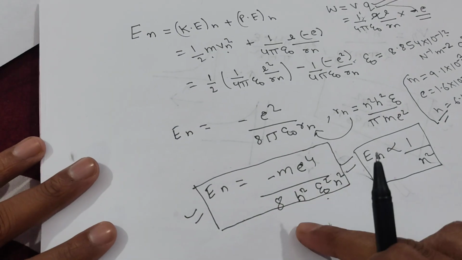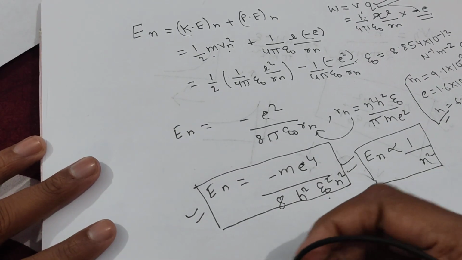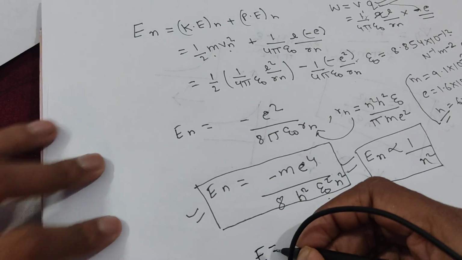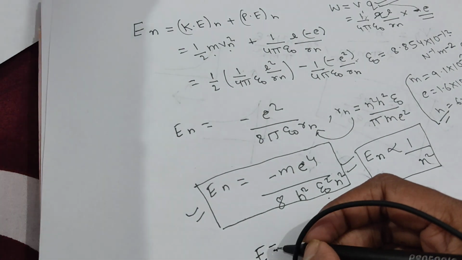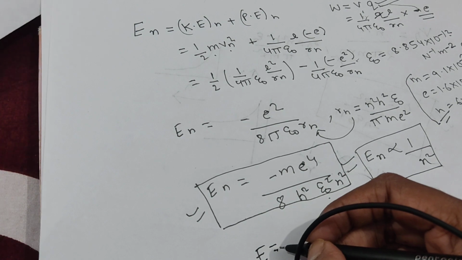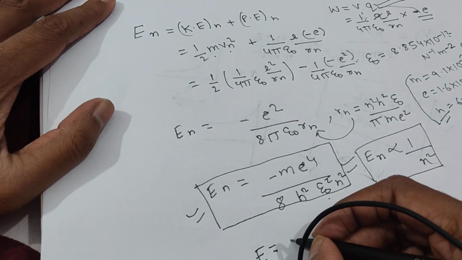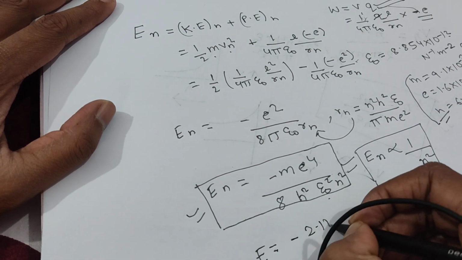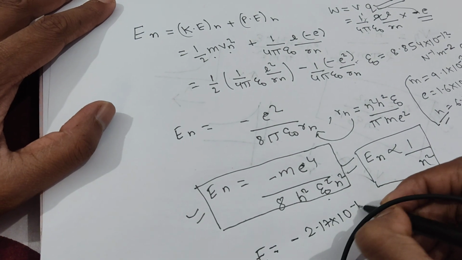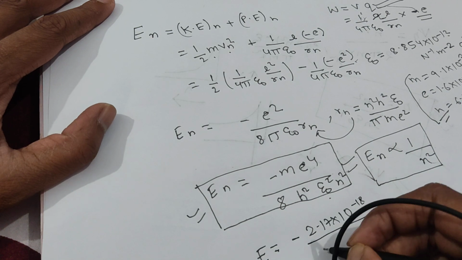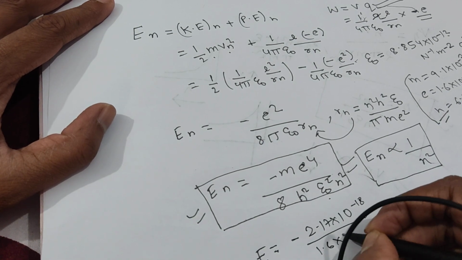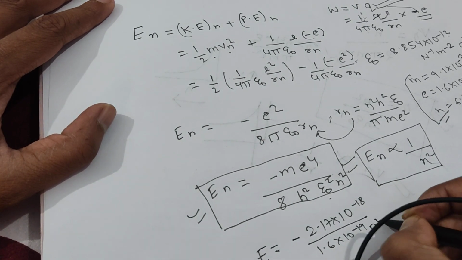in this equation, we'll get E equal to minus 2.17 into 10 to the power minus 18 divided by 1.6 into 10 to the power minus 19, over n squared.